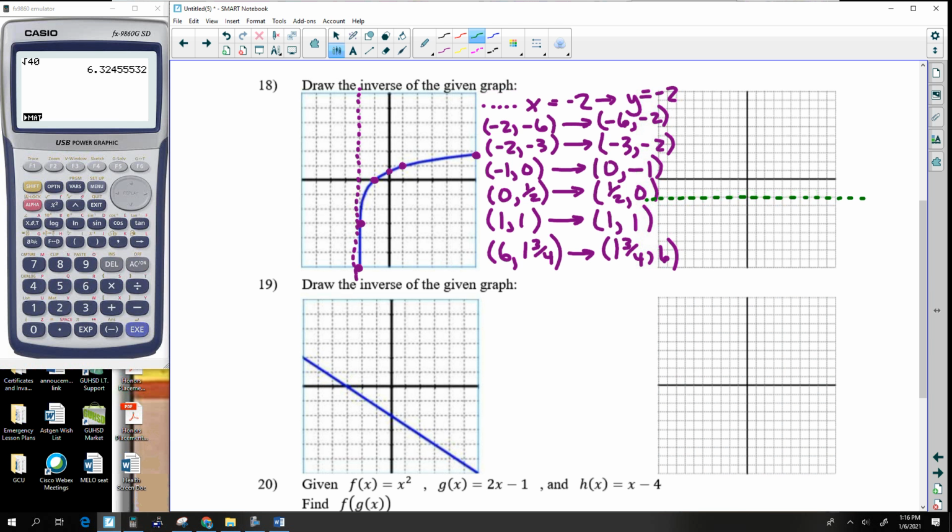Negative 6, negative 2, so negative 6, 1, 2, 3, 4, 5, 6, negative 2, something around there, negative 3, negative 2, so somewhere around there, 0, negative 1-ish, 1/2, 0-ish, 1, 1, there, 1 and 3, almost 2 and 6, 2, 3, 4, 5, 6, 1, 2, 3, 4, 5, 6, let's count there, something like that.